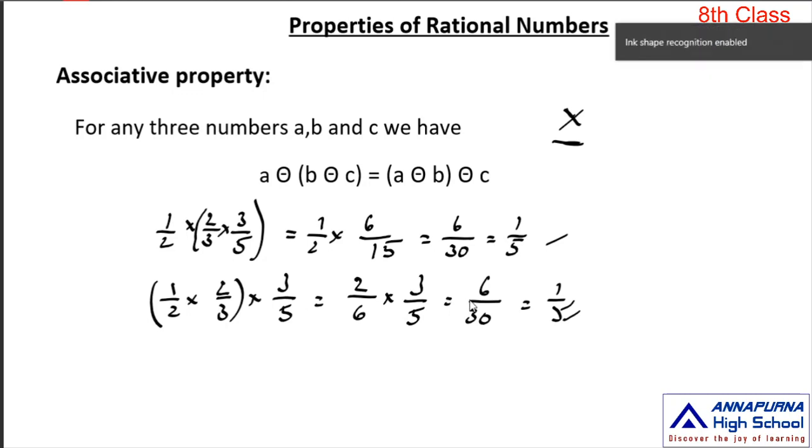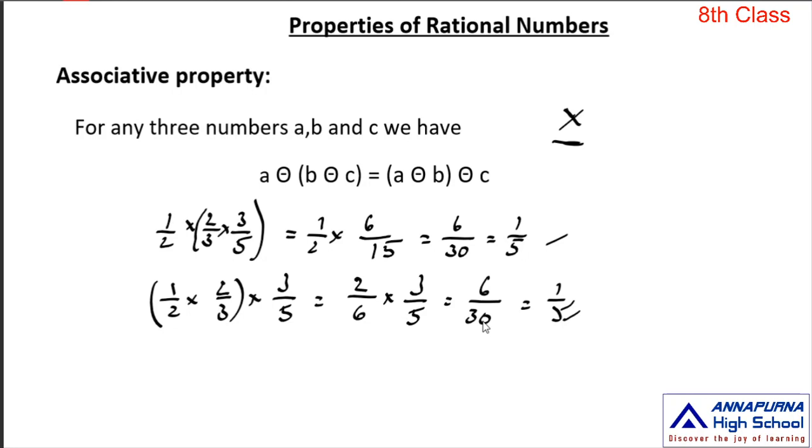And is there any importance to verify whether the collection of rational numbers satisfies associative property with respect to the division? No need. Why? Because it does not satisfy closure, it does not satisfy commutative. So with respect to the division also, the collection of rational numbers does not satisfy the associative property. So this is the third property, associative property.